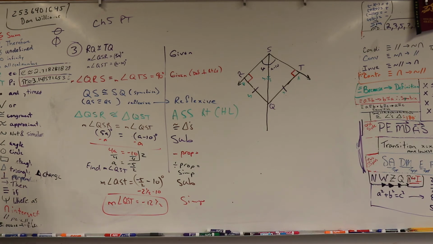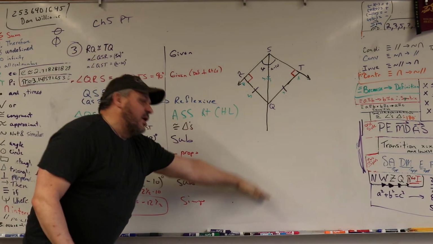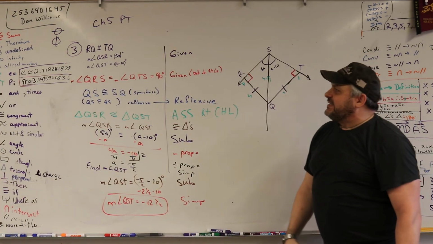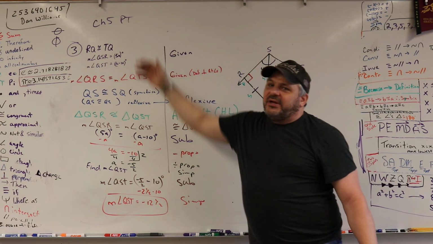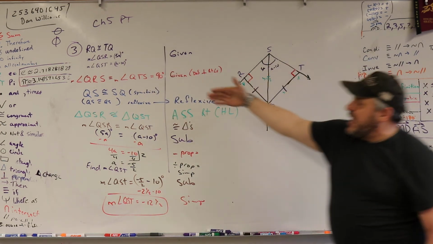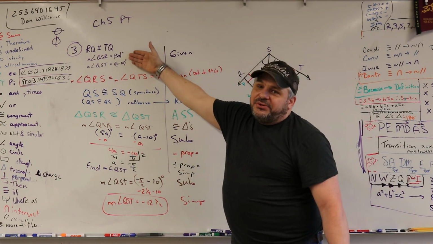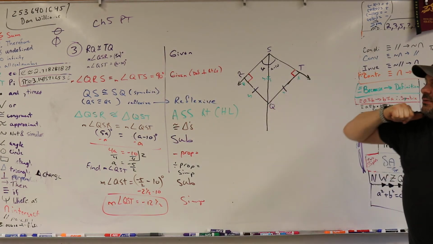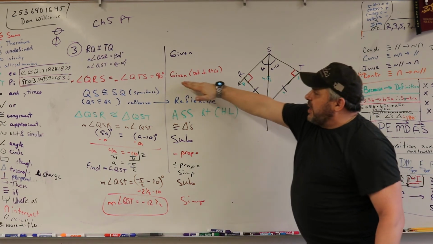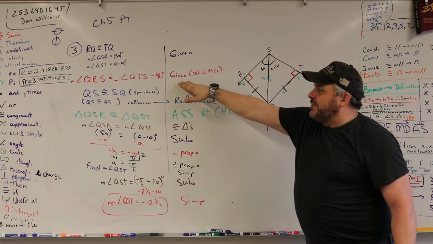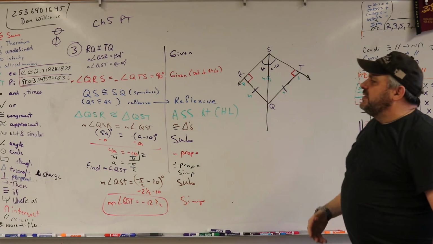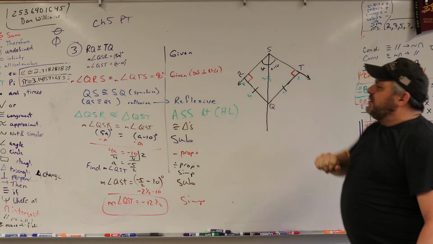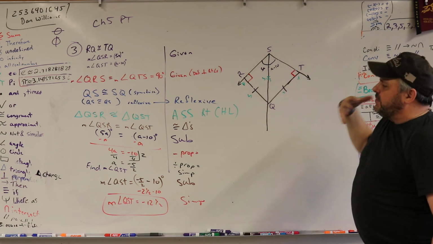Now, if you wrote this in words, again, in words, so that we're ready for that state test, we were given the two angles, we were given the segment, we were also given that these two angles were 90 degrees, so therefore we determined through the reflexive property that this segment was congruent.